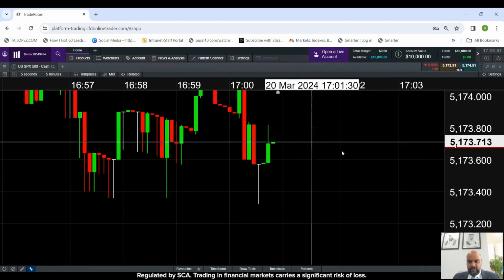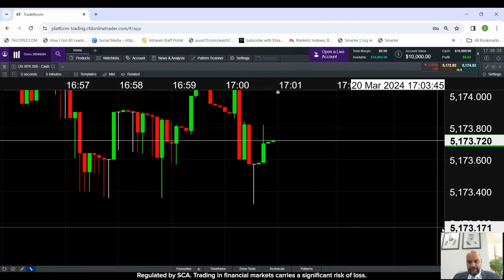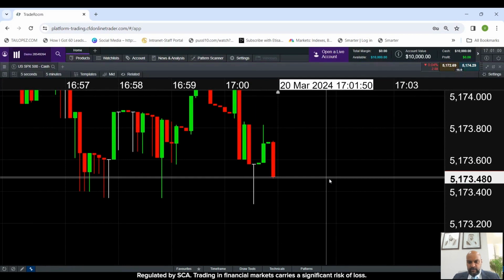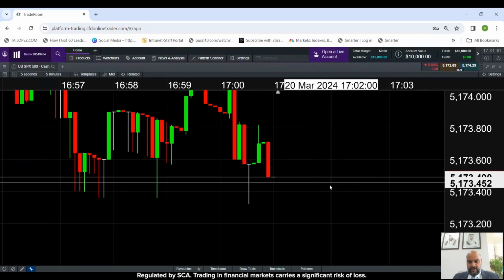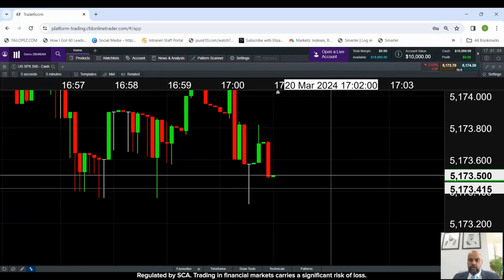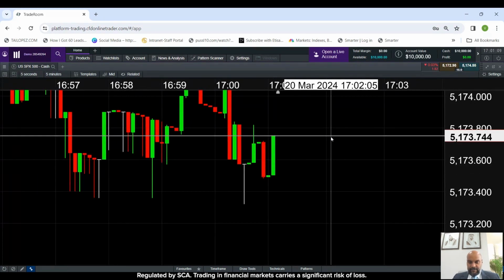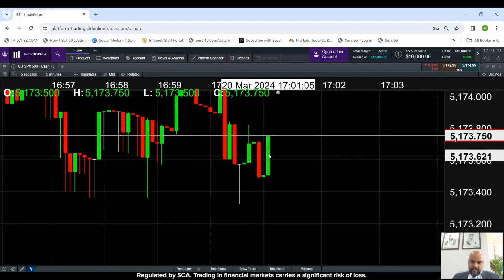Now, every 5 seconds, you can see a new candle forming. This opened here, closes here, not yet closed, and it has closed. Now the next candle opened here, it's gone up and it closes higher. So now this candle is green.